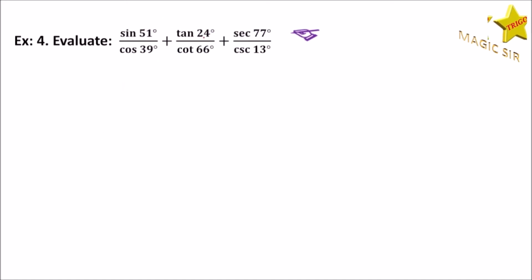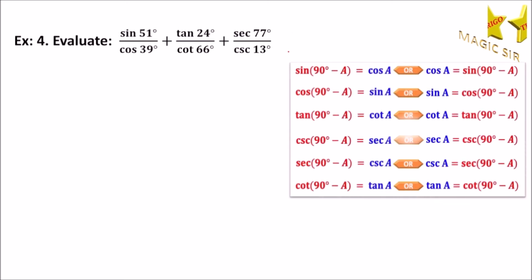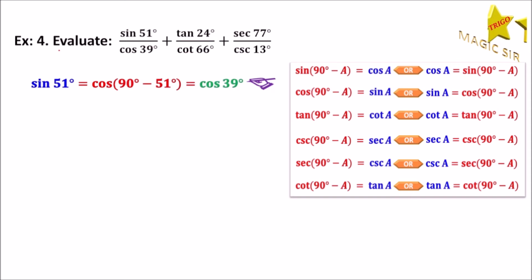Example 4. Evaluate sin 51 degrees upon cos 39 degrees plus tan 24 degrees upon cot 66 degrees plus sec 77 degrees upon cosec 13 degrees. The numerator of the first term is sin 51 degrees.